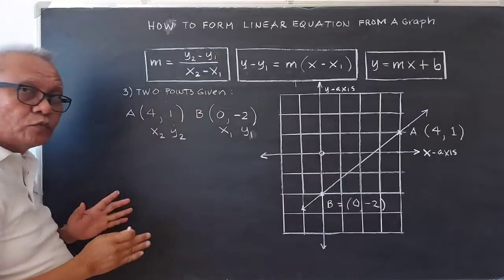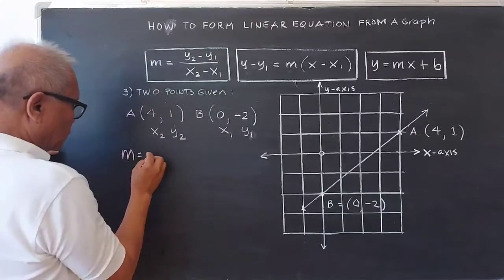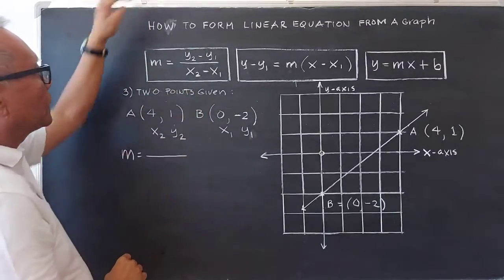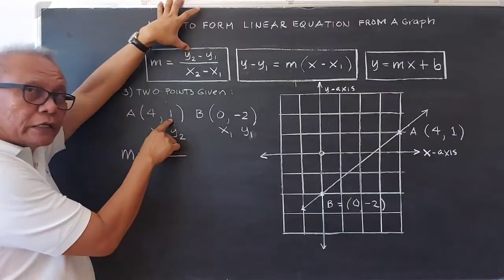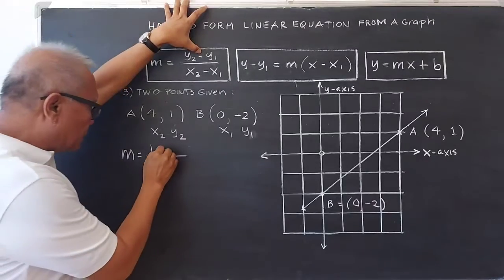Okay, let's have the slope. We determine the slope by using this formula. Okay, y sub 2. So y sub 2 here, it's 1. Copy the minus sign.